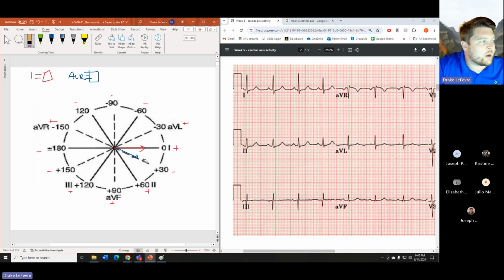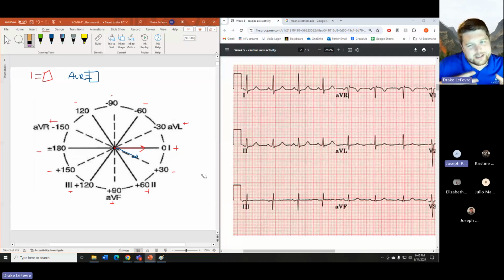Because it's an electrical lead, it has a positive end and a negative end based on what it's measuring. So the up direction is positive, down direction is negative. When we measure it, the negative direction of AVR is towards positive 30 degrees.